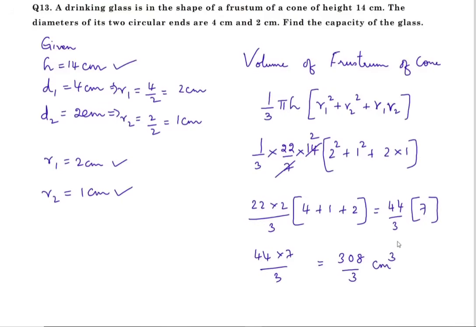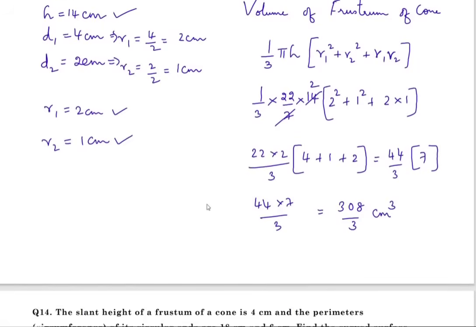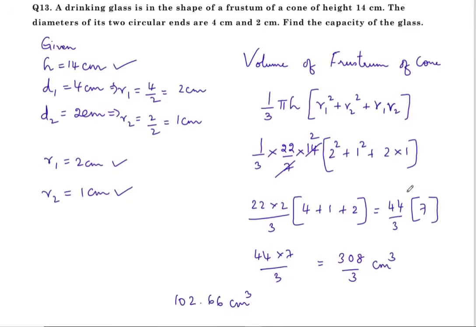It is centimeter cube or meter cube. Therefore, you can keep it as it is, or you can keep it in decimal, or in mixed fraction. 308 divided by 3, what I get is 102.66 centimeter cube. Very simple question, students.